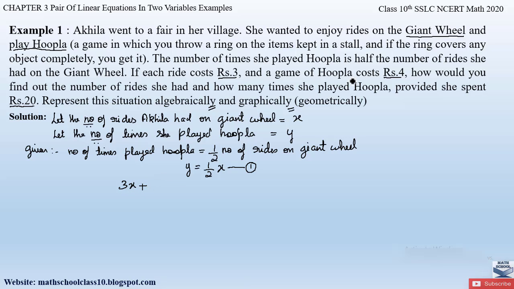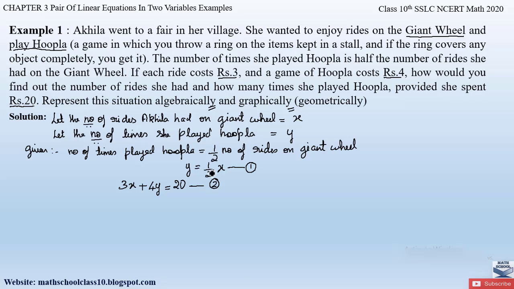Plus, a game of hoopla cost her rupees 4, so 4 into number of times she played hoopla, that was y. So 4y is the total money she spent on hoopla and 3x is the total money she spent on giant wheel. Adding these two will give you the money she had with her, that is 20 rupees. Together she spent rupees 20 on both the ride and the game. Let this be equation number 2.